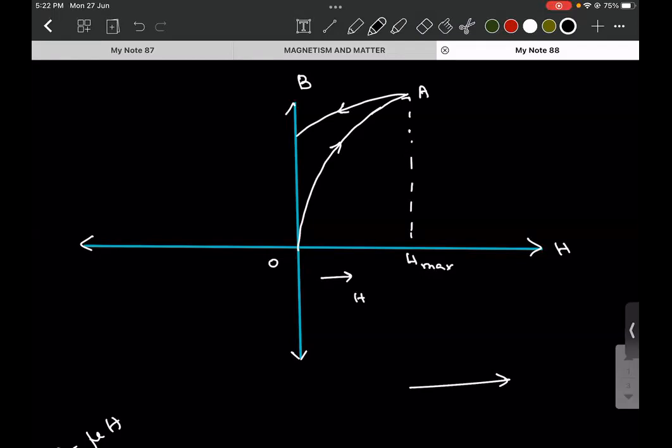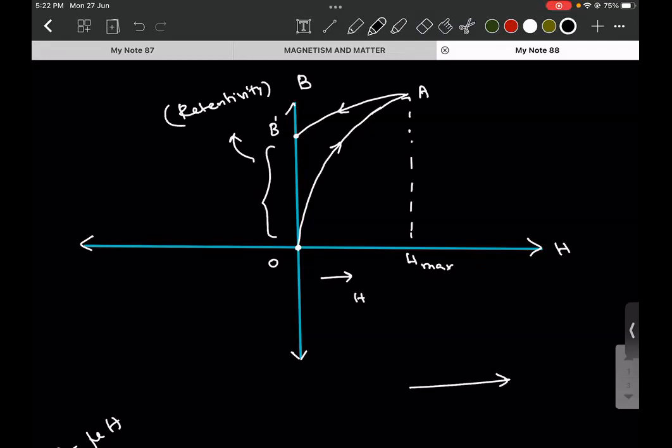But the question is, when the value of H is 0, is the magnetic induction also 0? No, right? Then this value, I will call it as B dash, for example. Then this OB dash is what is called as retentivity of this material.